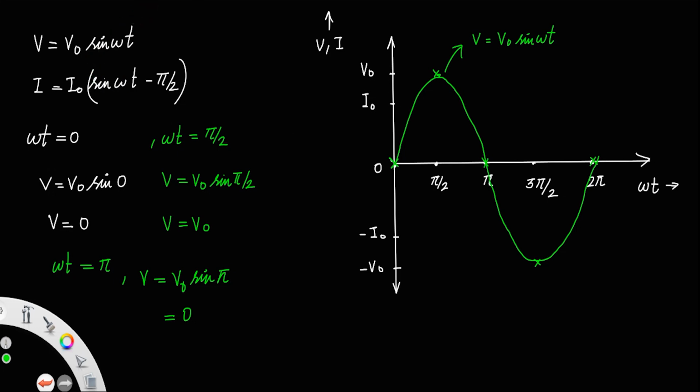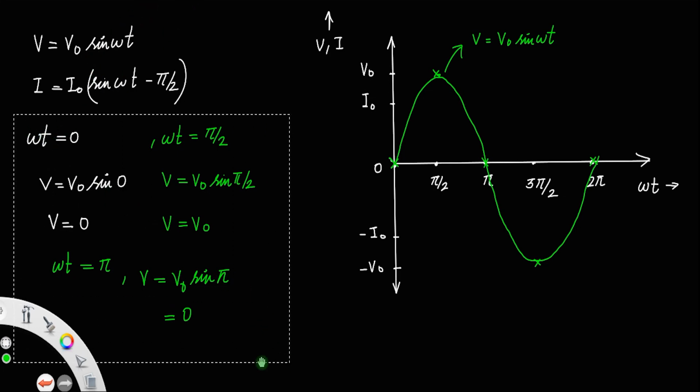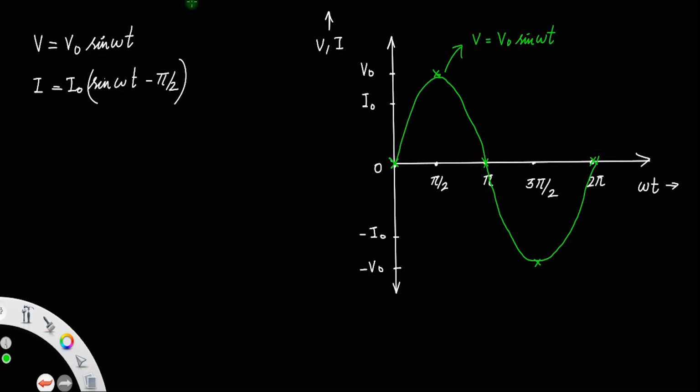Now let us draw the graph of I equal to I0 sine omega t. Listen to this part carefully. Initially omega t will be 0. When omega t equals 0, we have I equal to I0 sine of omega t minus pi by 2, that is, sine of 0 minus pi by 2.